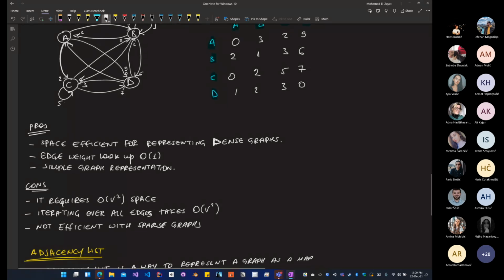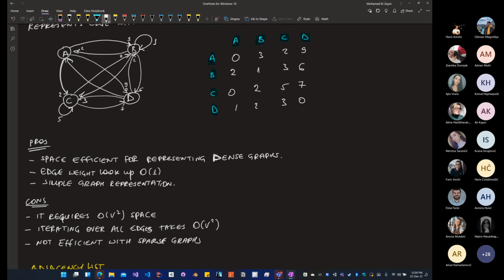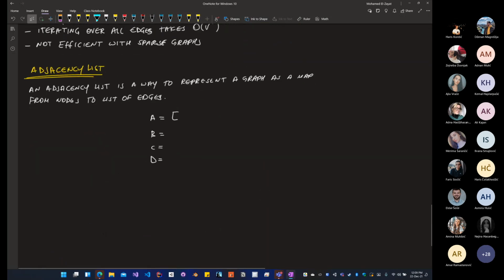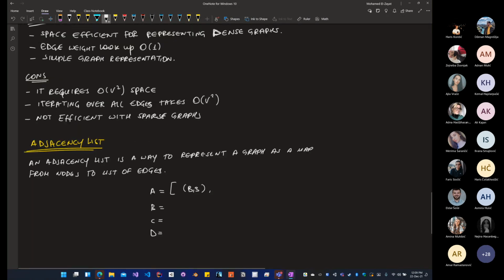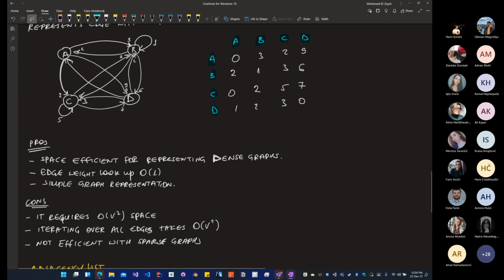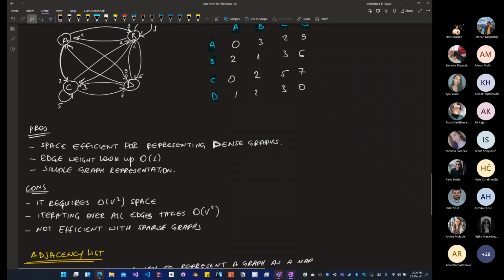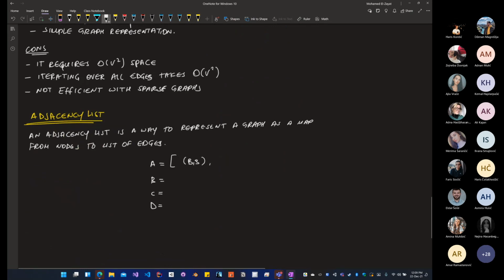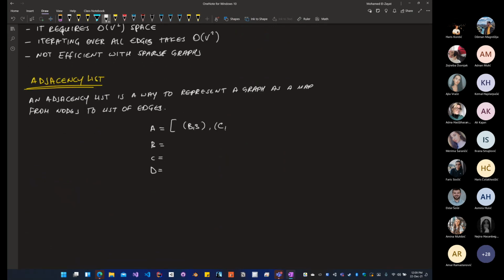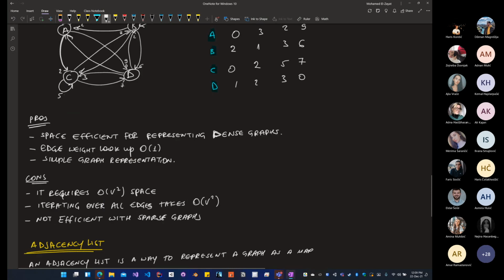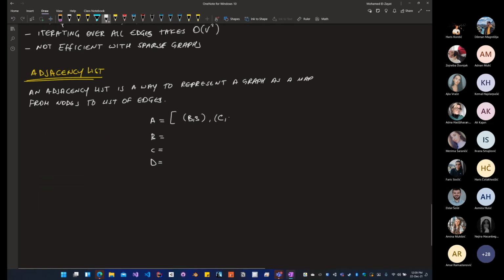From A to B there is a 3, so A goes to B with a weight of 3. Let me write this a little better. This is an array, and then you have B and 3, which became a tuple, practically speaking. Then from A to C, I forgot the weight, so 2, for instance.